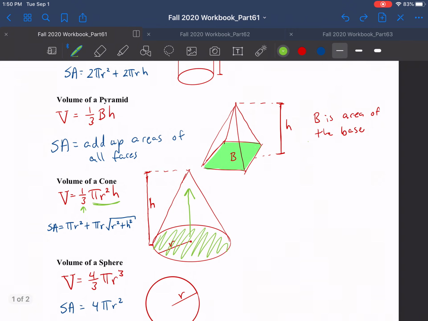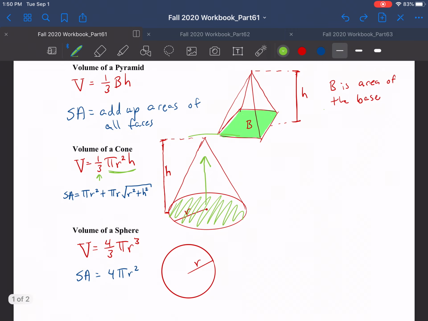And the cylinder is obviously larger. If I made a cylinder out of it, the cylinder has a larger volume than this cone. So we have to go through and take this 1/3 in order to get the volume of the cone. Okay? It makes it smaller.